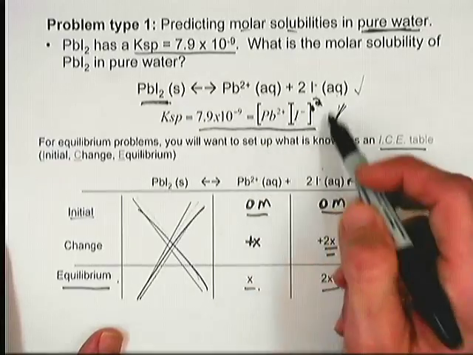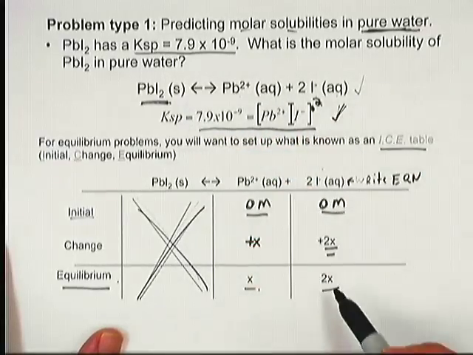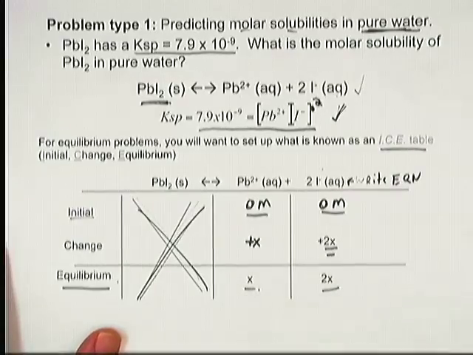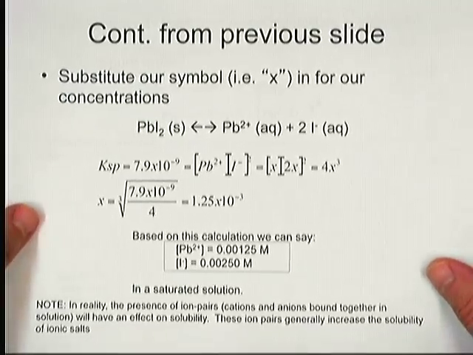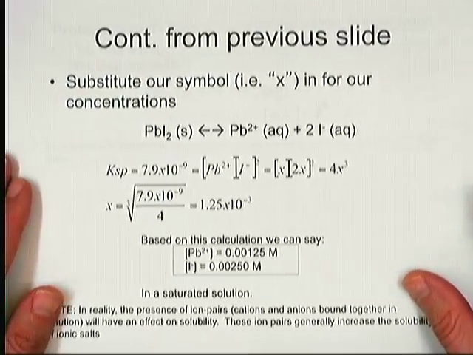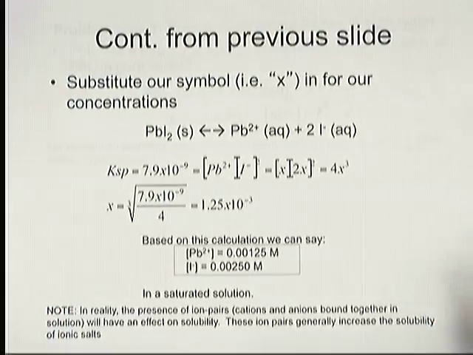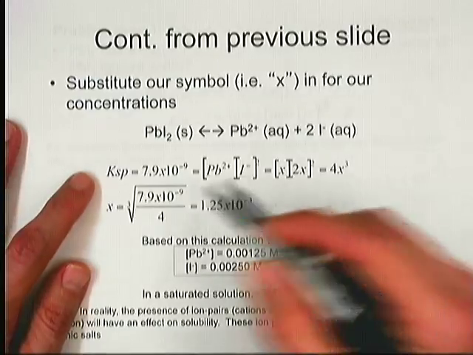Okay? So I know that this has to be true, and I also know that this ratio needs to be true. And I can use that to my advantage, because what I can do now is simply substitute in my variables from my ICE table into my Ksp expression. And that's what I'm going to work through on this slide.